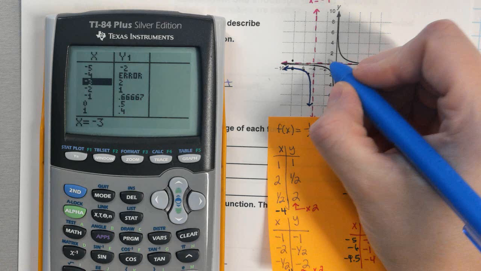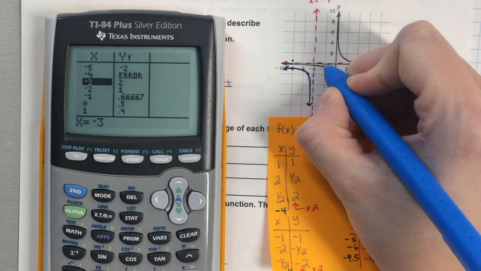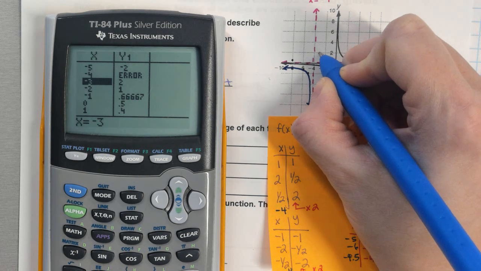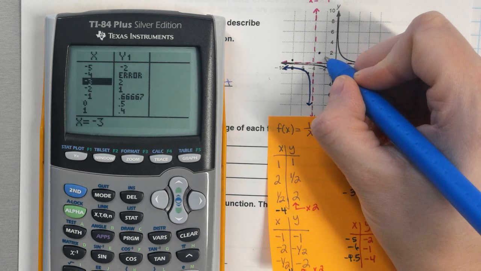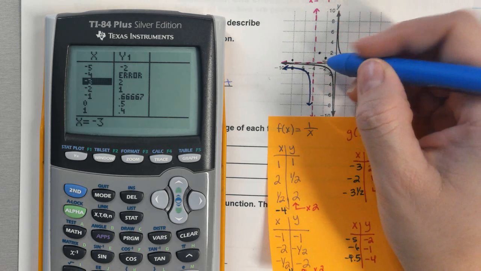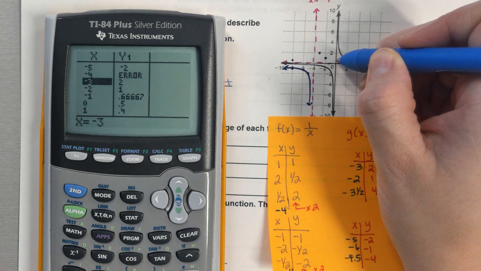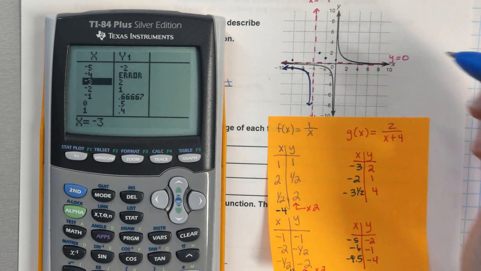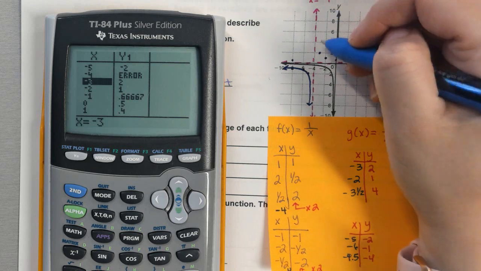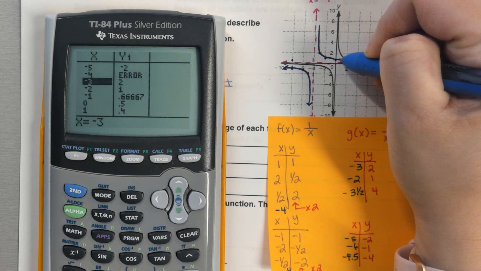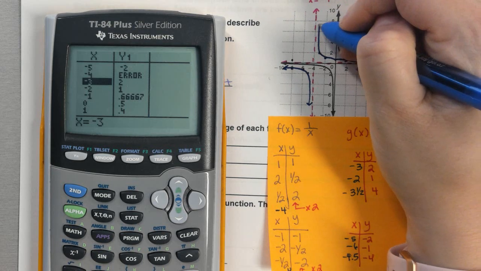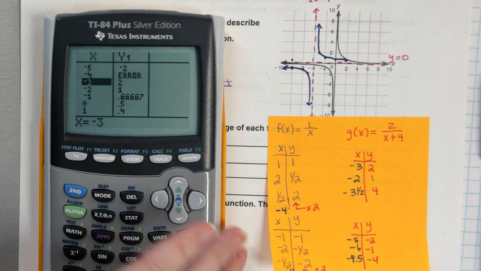So at -3, I'm at +2. At -2, I'm at +1. At 0, I'm at 1/2. And then again, once you have those points that create that curve, we know exactly where it's going.